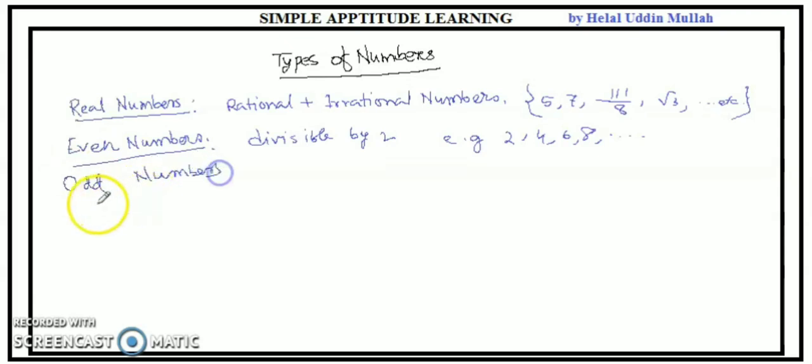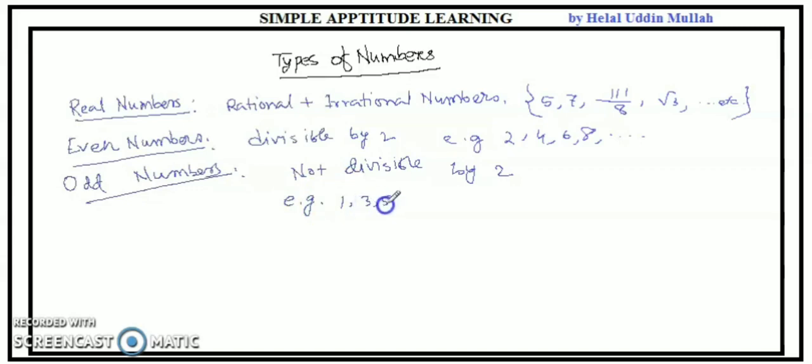Odd numbers are those which are not divisible by 2. Examples are 1, 3, 5, 7.